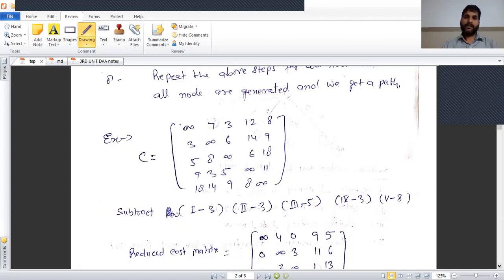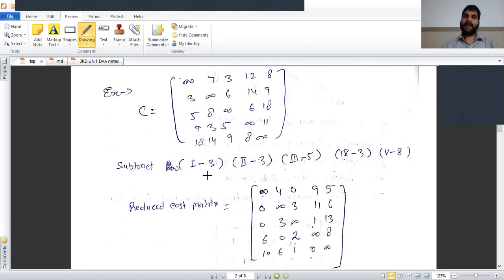So we find the reduced cost matrix, and each row contains at least one zero.